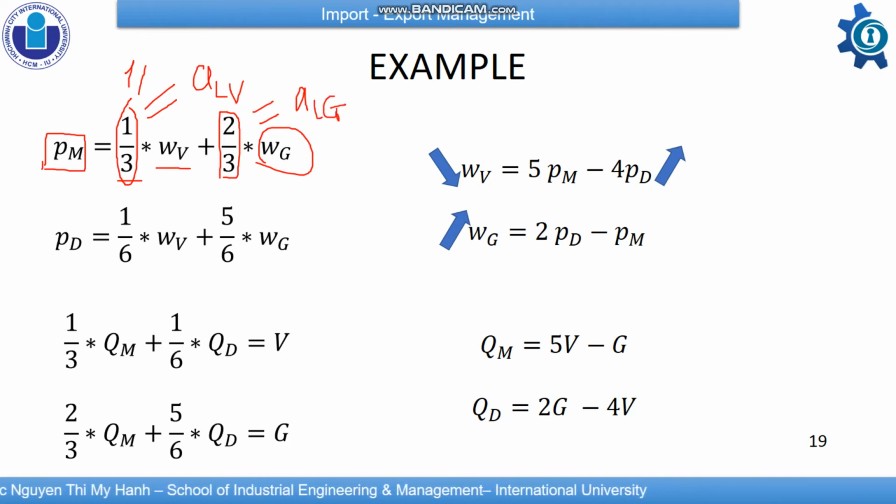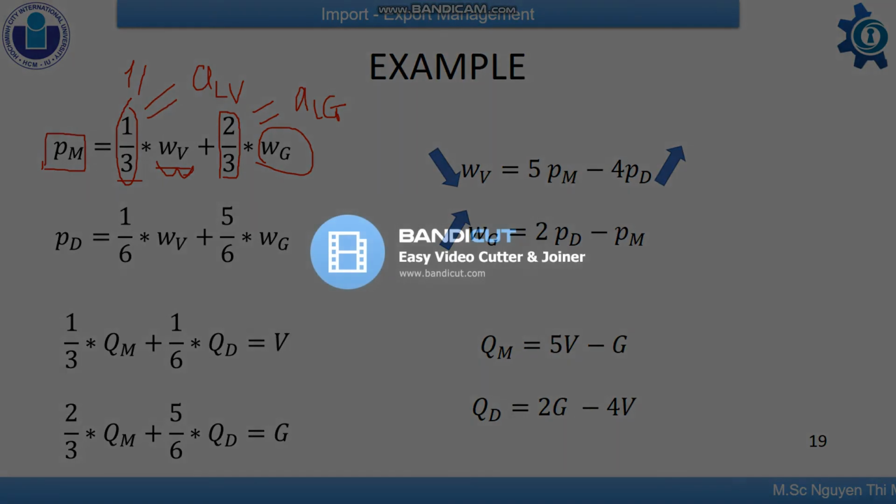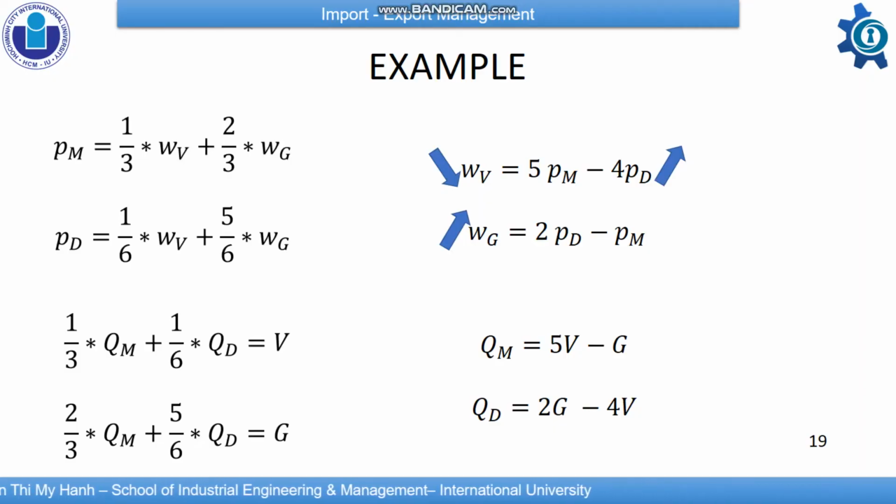So here we don't separate capital and labor anymore, but we replace them with two different factors, that is vermouth and gin.